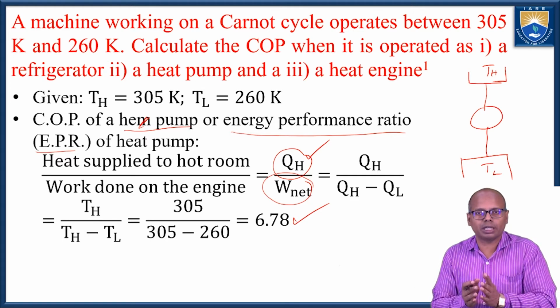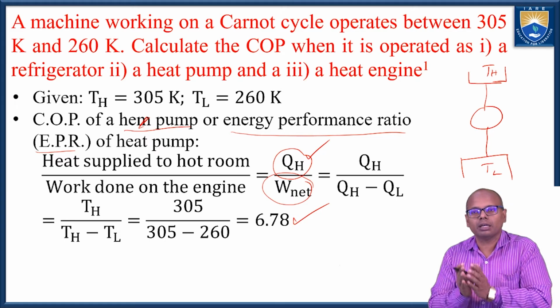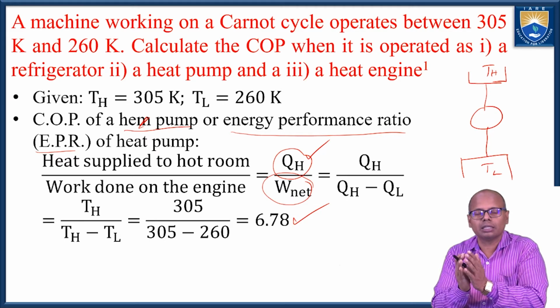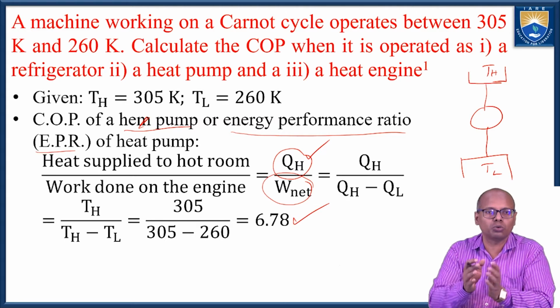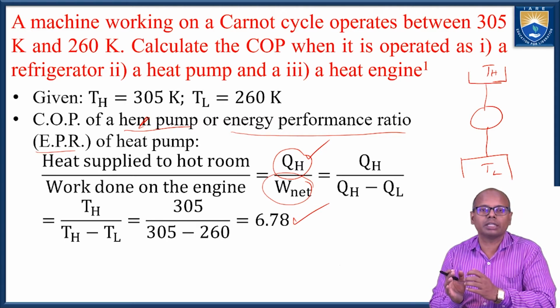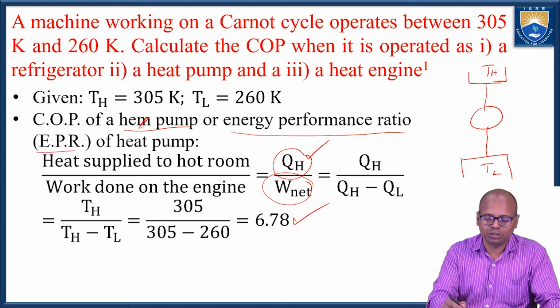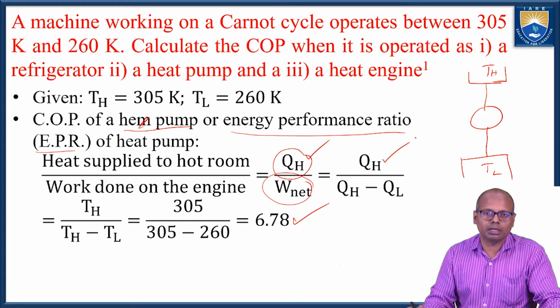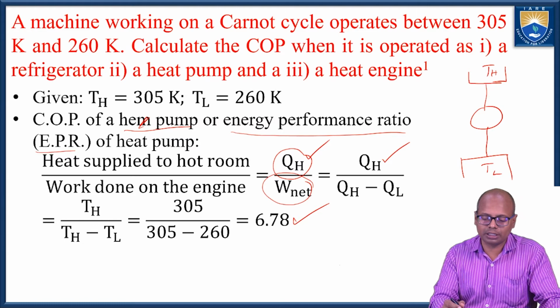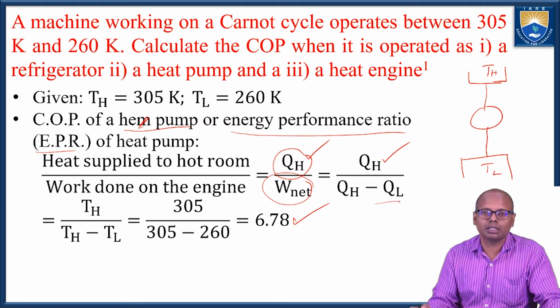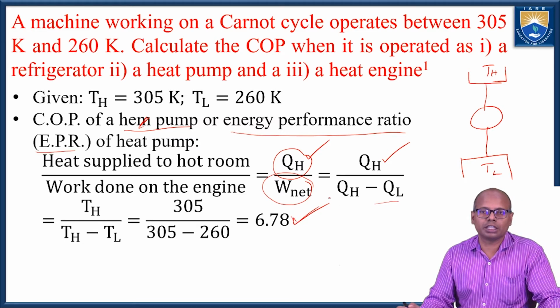What we should take care of is that the amount of heat supplied to the hot room, or higher temperature reservoir, should be our requirement. So this is QH divided by work net. That is giving the COP.